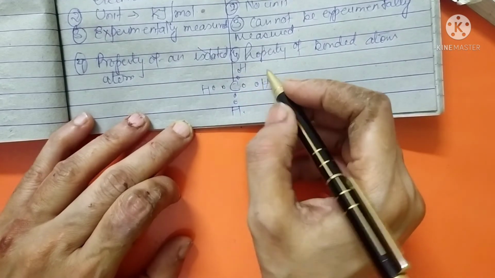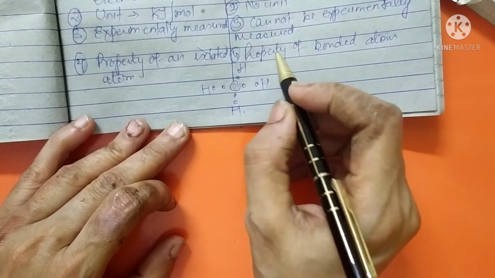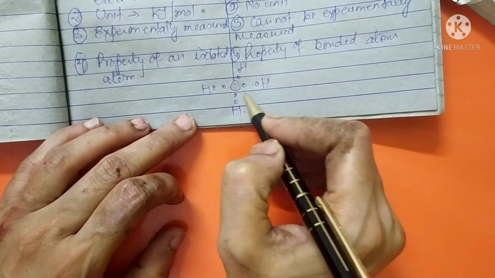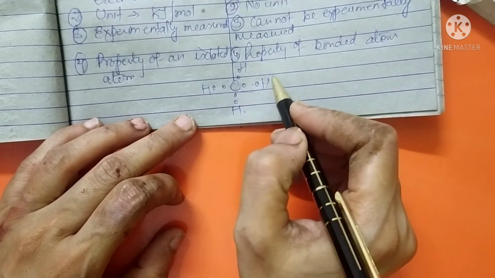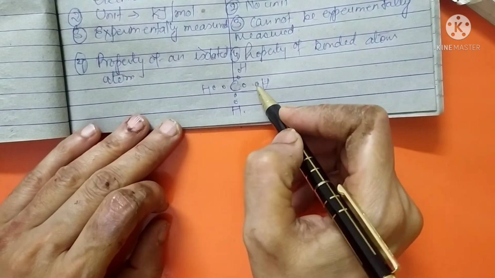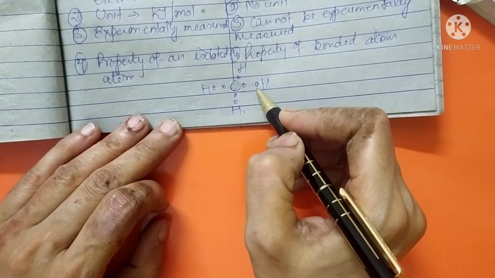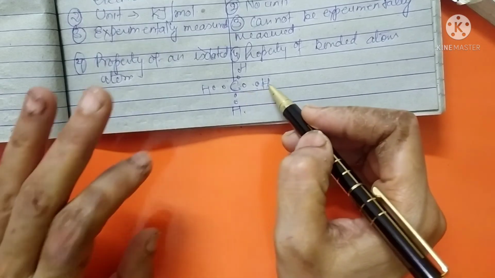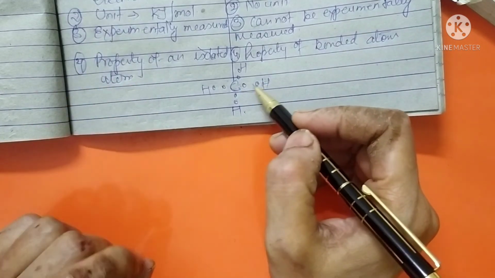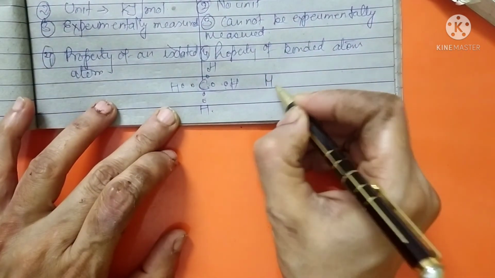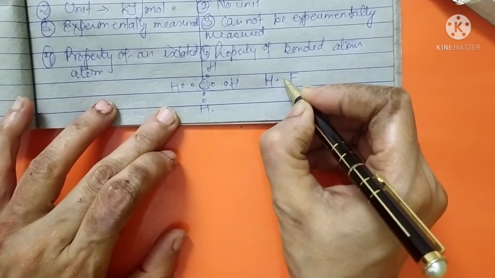Electronegativity is the tendency of an atom to attract the shared pair of electrons; whichever element attracts the shared pair towards itself will be said to be more electronegative. Generally this bond is non-polar, meaning we do not consider either carbon or hydrogen more electronegative. Let us consider another example, H and F.